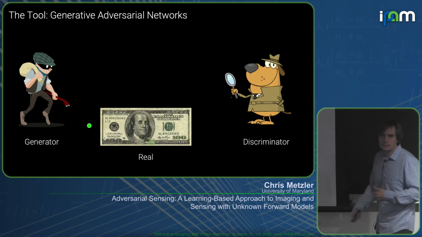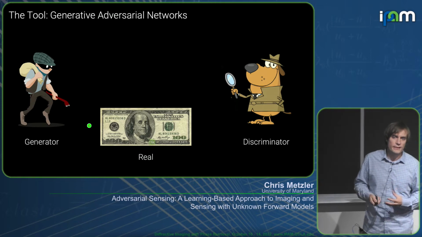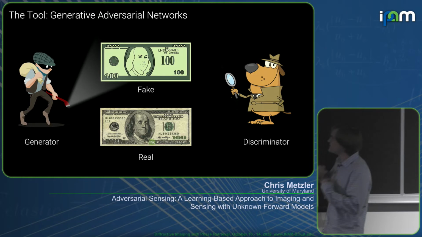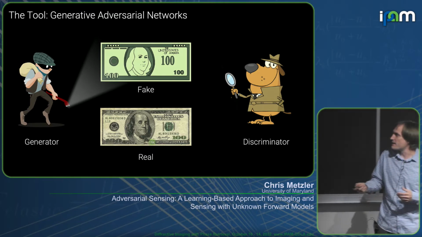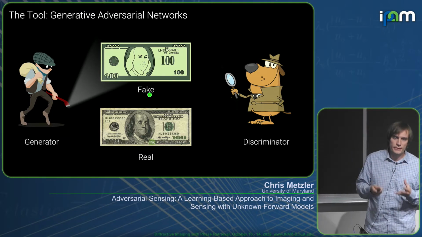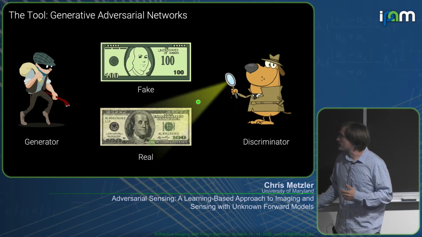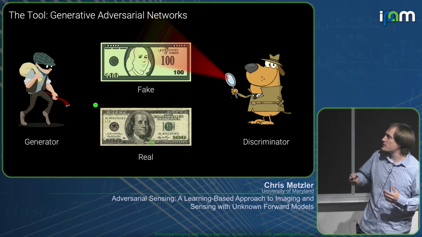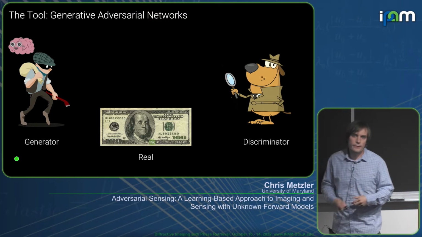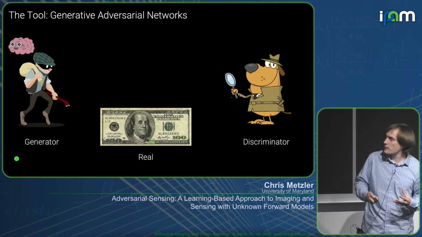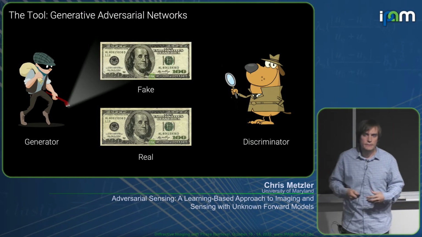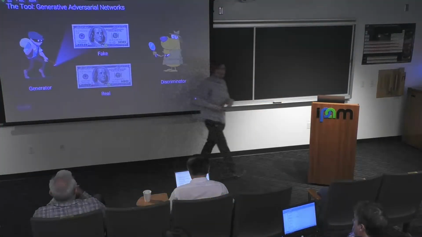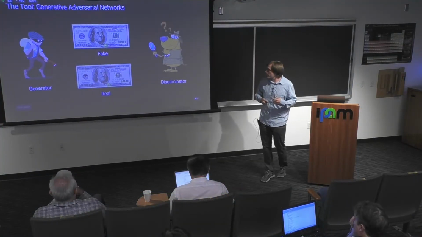We have a collection of images and we'd like to replicate the distribution of these images. The generator spits out an image at initialization. It's a pretty terrible image. The discriminator easily compares these two, identifies that's not a realistic-looking image, and provides a feedback signal to the generator, which then gradually updates its reconstructions until eventually it's producing reconstructions that follow essentially the same distribution as the actual training set.